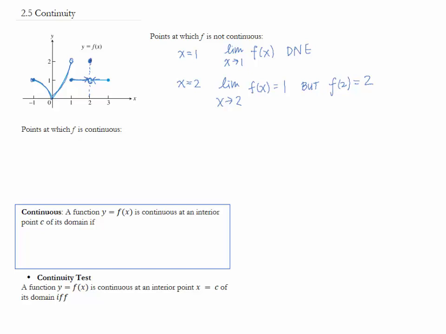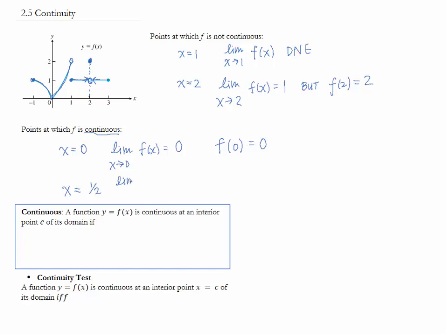What about where the function is continuous? Where are some points that we don't have to pick up our pencil to draw, like where x equals 0? At x equals 0, the limit as x approaches 0 of the function exists. That limit is 0, and the value of the function at 0 is also 0. You can see the same result at x equals 1/2.